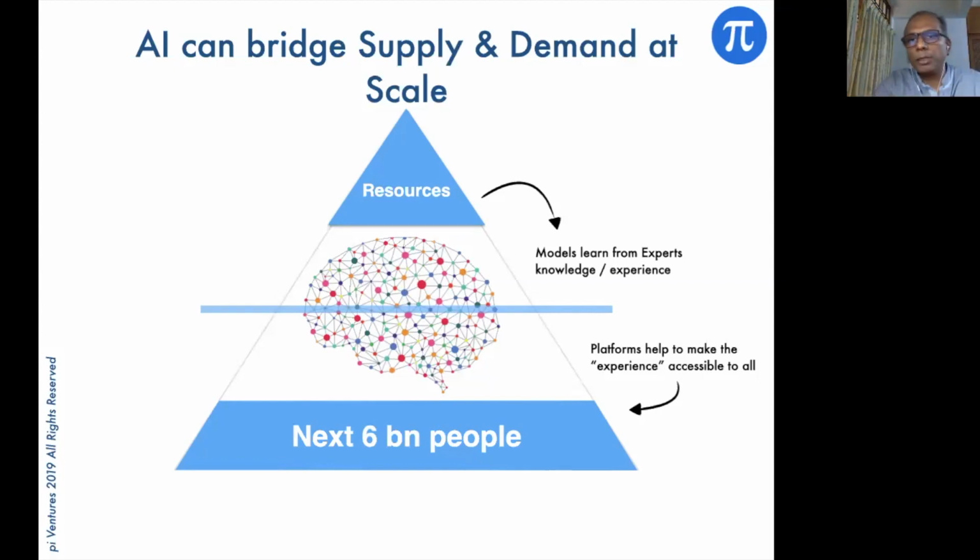So psychotherapy fits in that, education sometimes fits in that, doctors fit in that, etc. The only way to enable and democratize this, make it available to all with the right quality at the cost that they want, is to make a tech platform which is AI enabled, learns from the high quality resources at the top, and makes it available to all. So that was our fundamental one diagram thesis for looking at companies of this nature. Does that make sense?